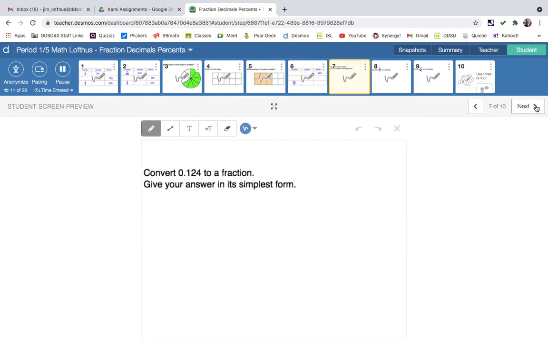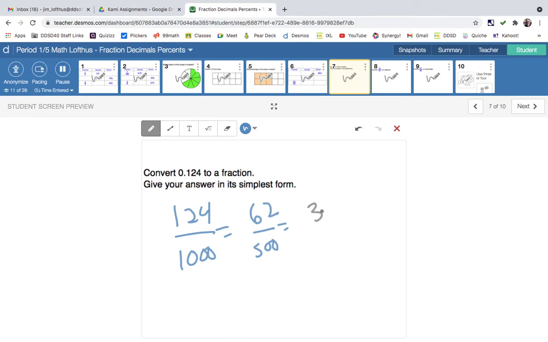Convert 124 thousandths to a fraction. All right, 124 over 1,000. I'm going to divide 124 by 2, and I get 62/500ths.